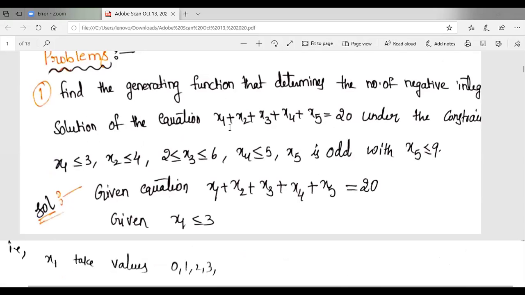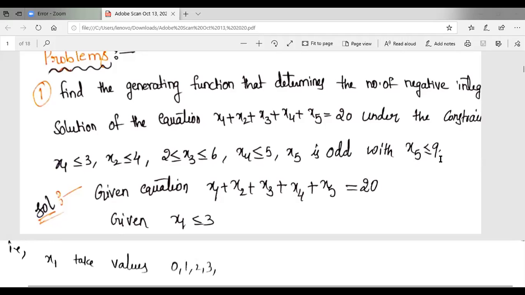Here the given equation is x1 + x2 + x3 + x4 + x5 = 20, under the constraints, meaning the given conditions: x1 ≤ 3, x2 ≤ 4, 2 ≤ x3 ≤ 6, x4 ≤ 5, and x5 is odd with x5 ≤ 9. These are the conditions for the given equation.